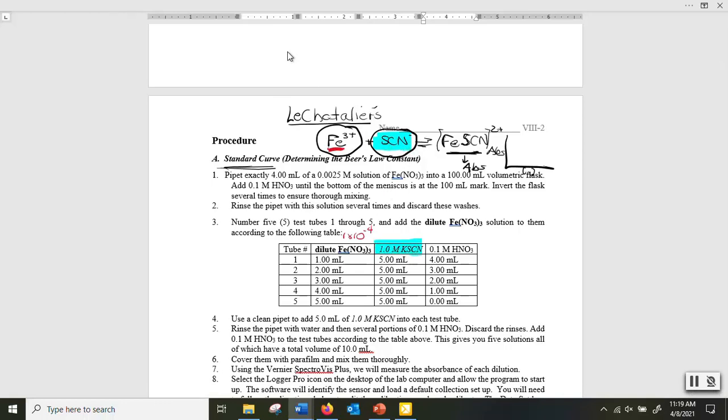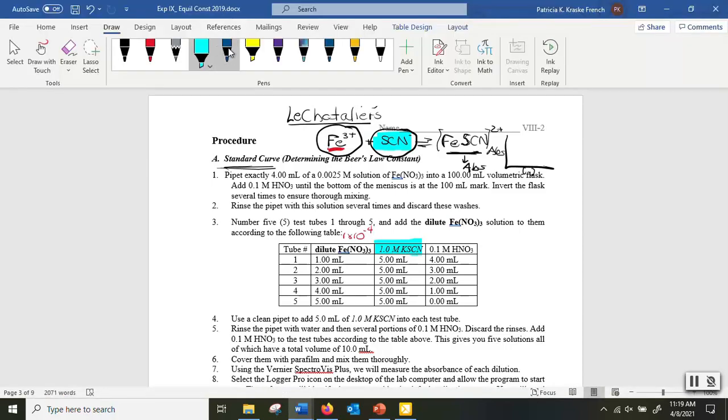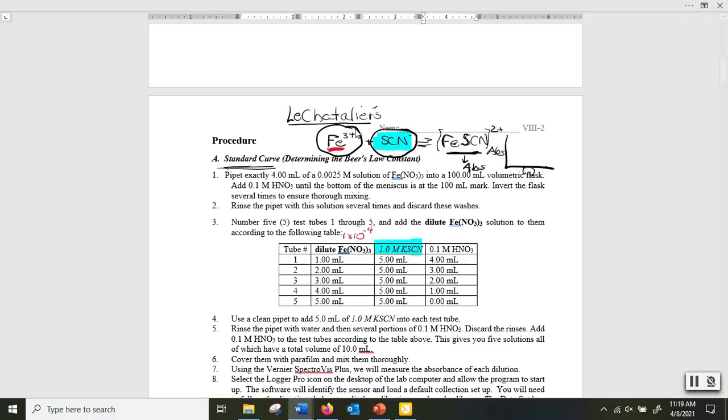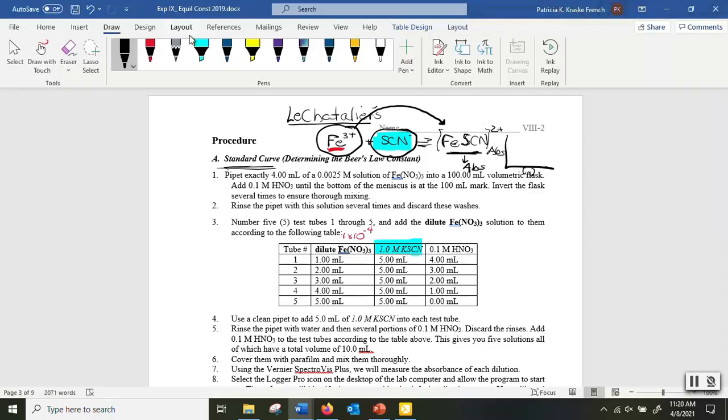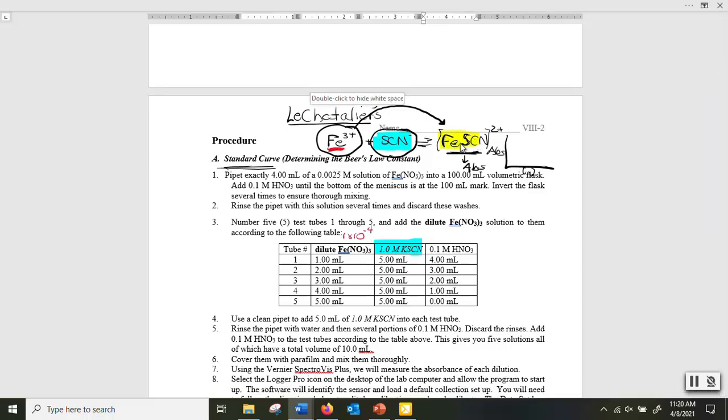If we have a huge excess of thiocyanate, we're going to be forcing effectively all of the iron to become iron thiocyanate. That's why we're flooding it with this SCN, so that whatever our concentrations are in these test tubes of dilute iron, that's the same as the concentrations of our FeSCN.